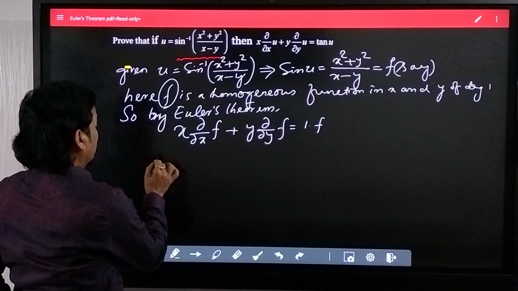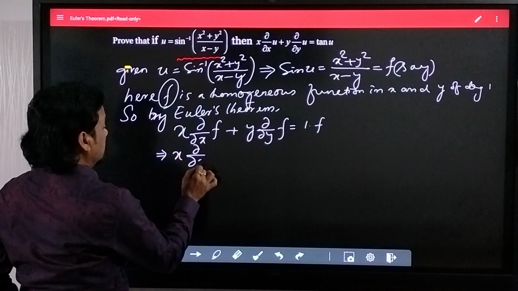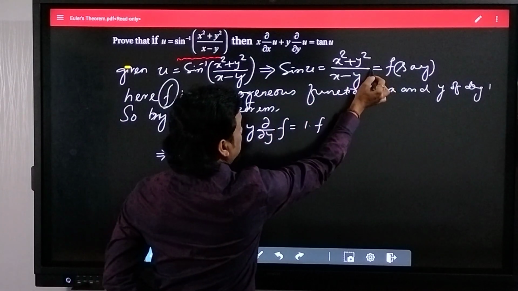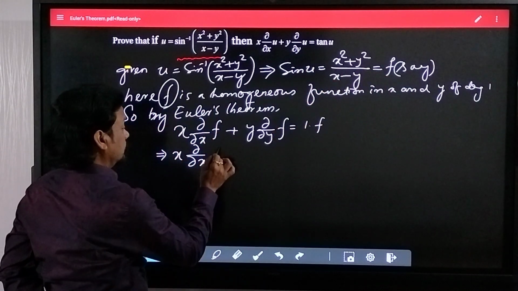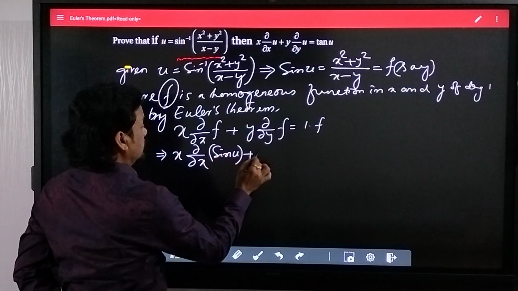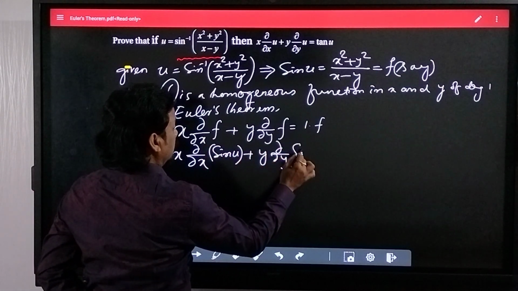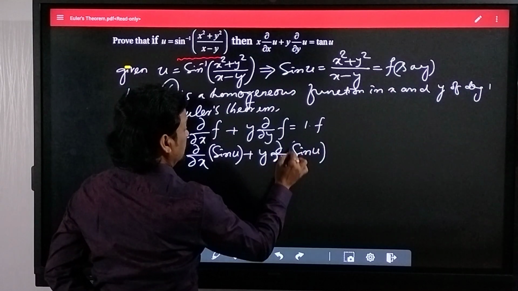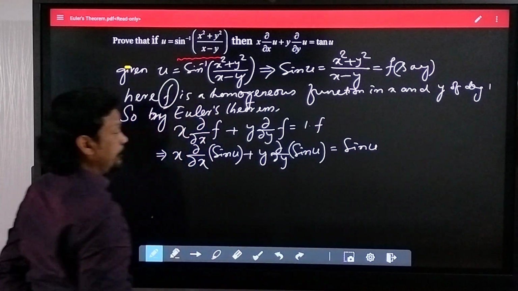Here f is a homogeneous function. Okay, so it implies x into del x of sin u, in place of f I can write sin u, plus y del y of sin u is equal to 1 into sin u, it is sin u.